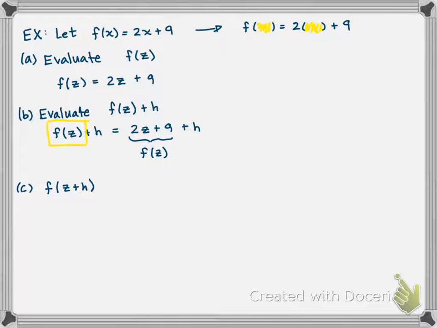So the operations multiply by 2 and add 9, we want to apply to z plus h as a whole, rather than adding h after applying those operations. Just like we have up there, whatever's in those parentheses, I'm going to multiply by 2, and then add 9.